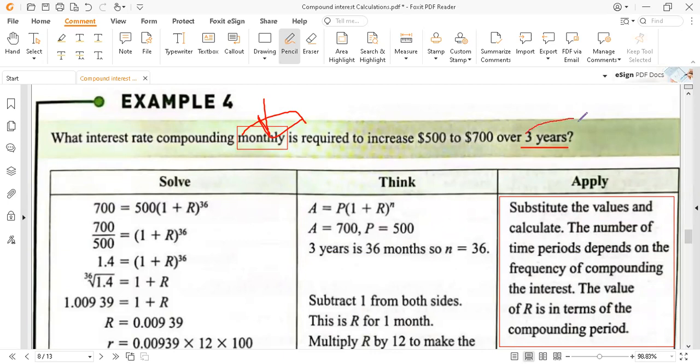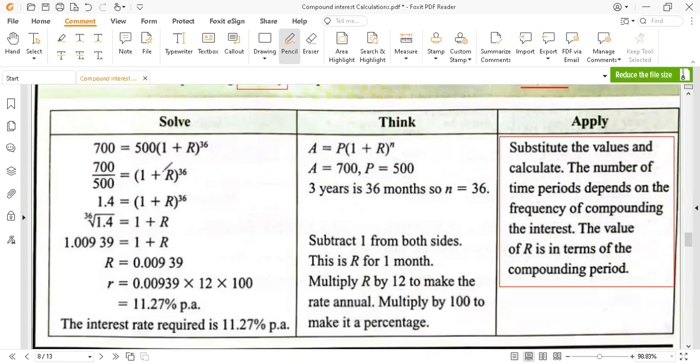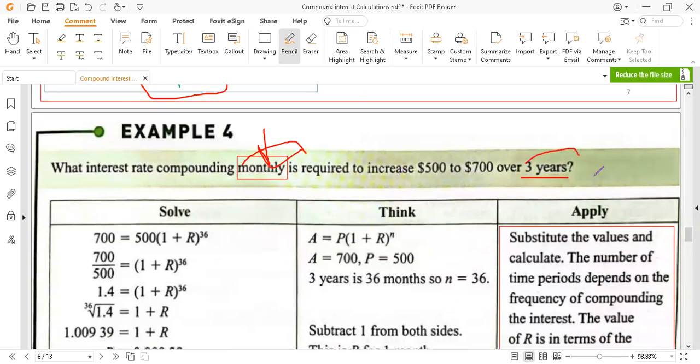We know that it is 3 years, and each year we have 12 months. So we multiply the compounding period by 3 times 12 to obtain 36. So small n equals 36. And at this level, we will obtain the small r or the big R in a month.